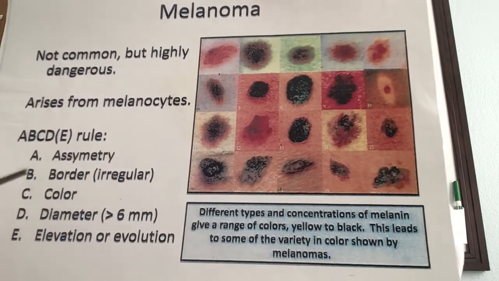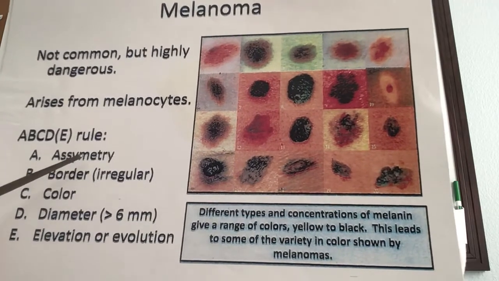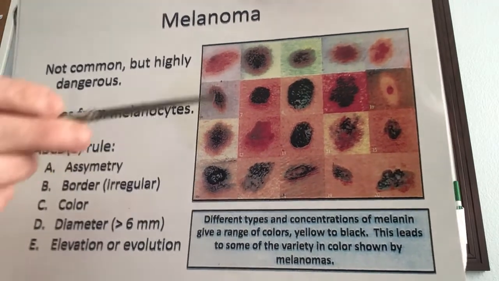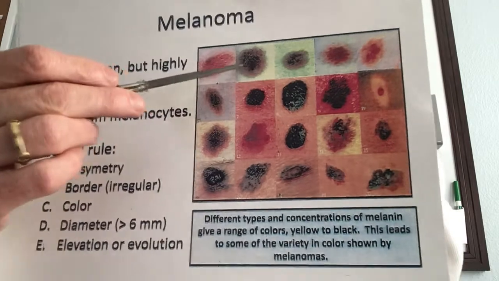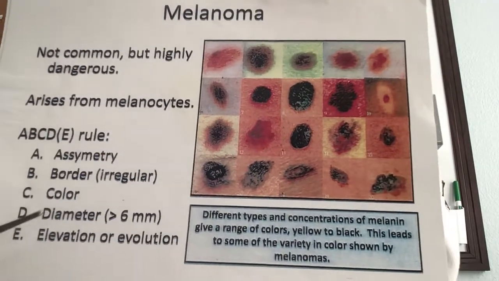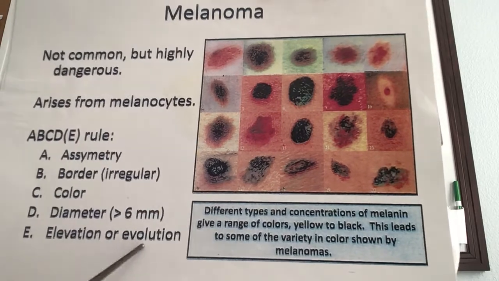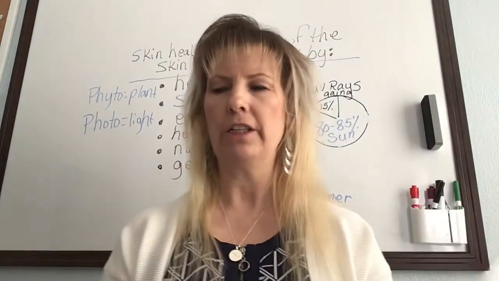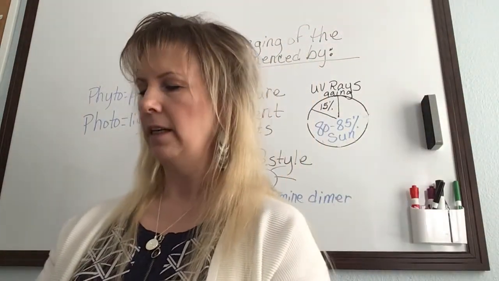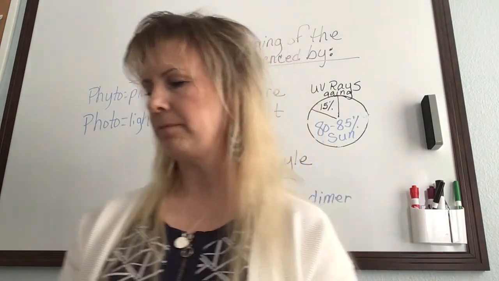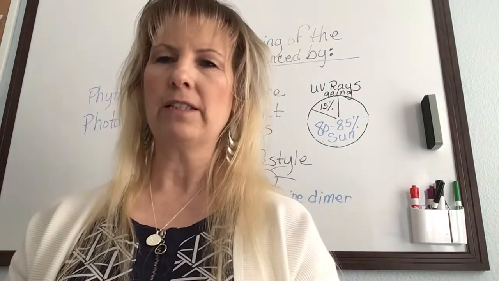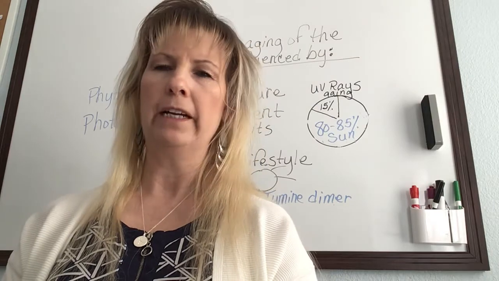Asymmetry means if you fold it in half, is it the same on both sides? Color, multiple colors fading into one another. And then diameter, larger than a pencil eraser. And then evolution or elevation. So those are some types of melanoma and different things to look out for with your client.